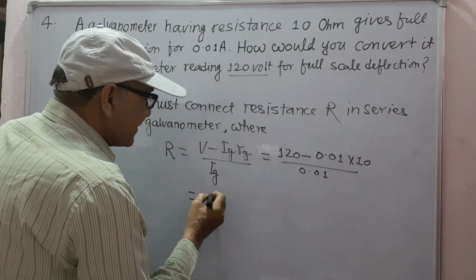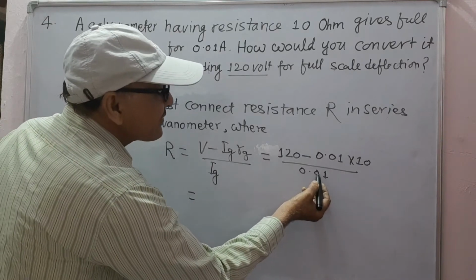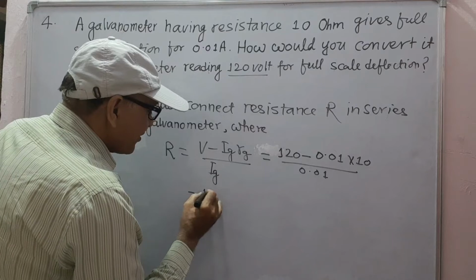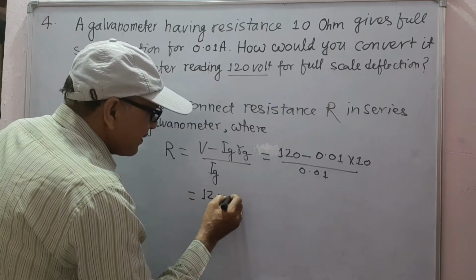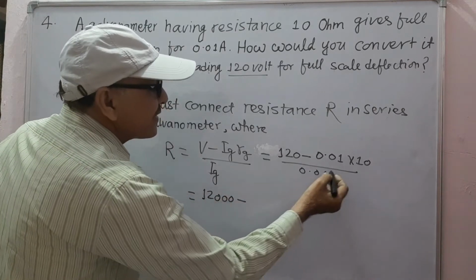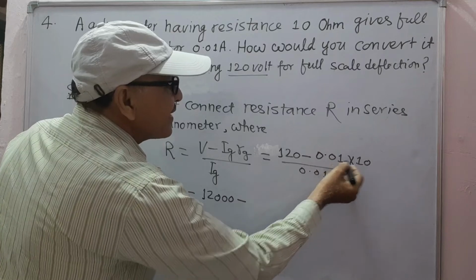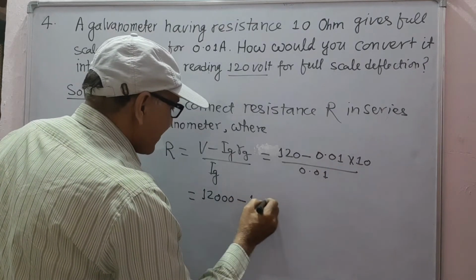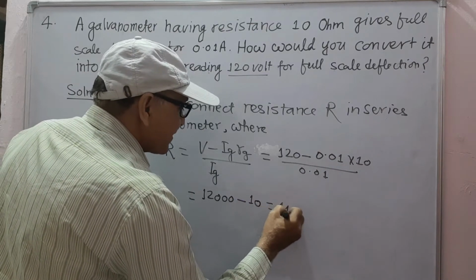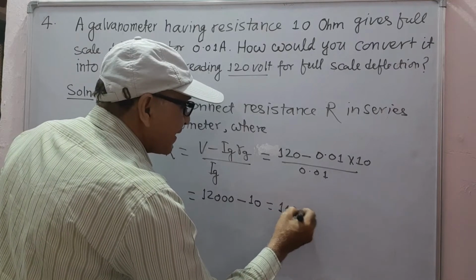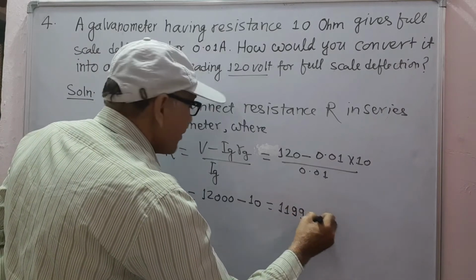On simplification it gives, if you remove this decimal, you get 12,000 minus 10, which is 11,990 ohm.